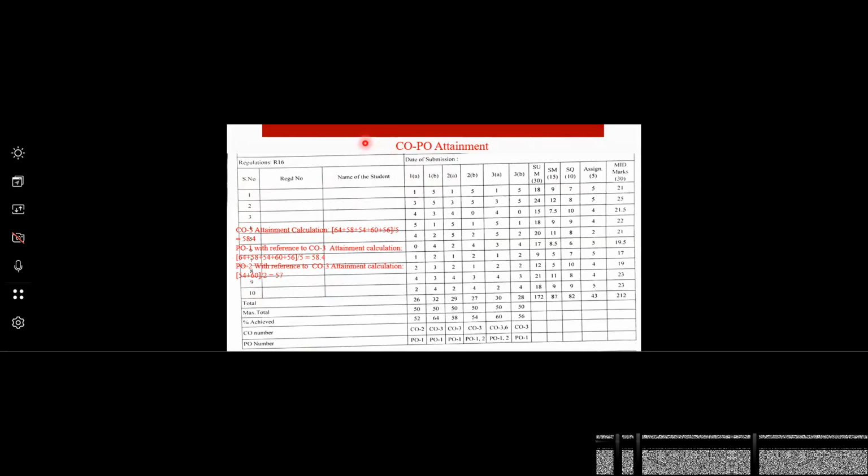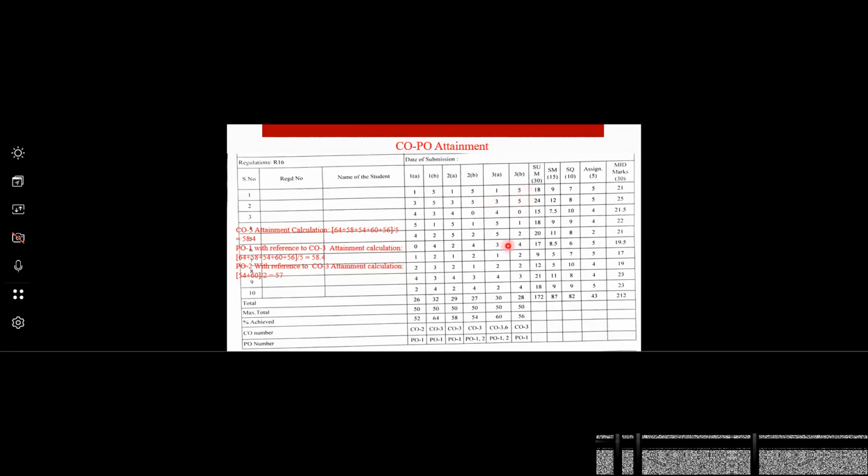For example, let us say there are 10 students. You can see on the left the serial numbers up to 10, their registration numbers and the name of the student. Now there are questions 1A, 1B, 2A, 2B, 3A, 3B. Let us say student number 1 has scored only 1 mark in 1A and 5 marks in 1B, and so on, and 3B it is 5 marks.